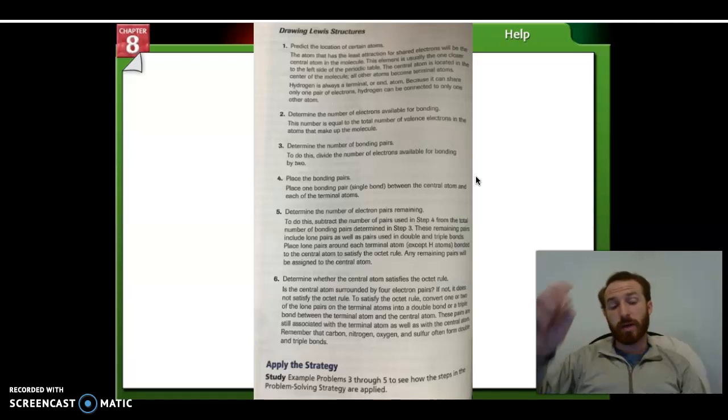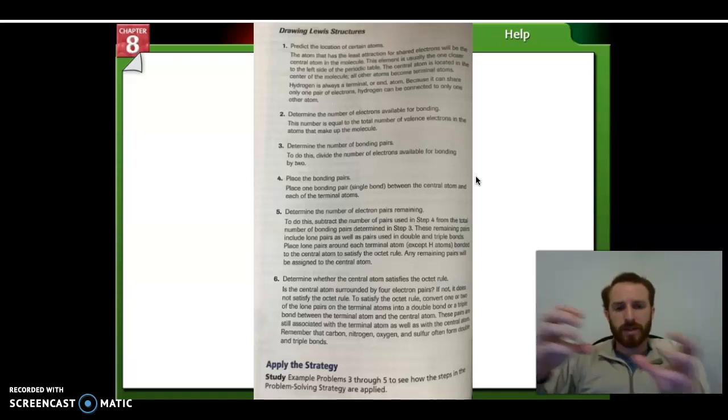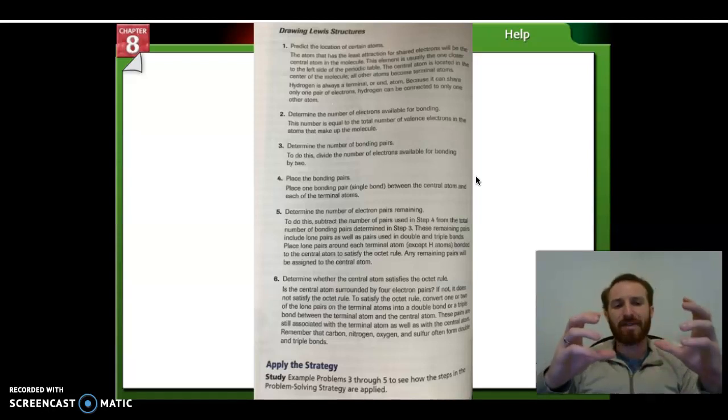Do I need a double bond between each of the terminal atoms and the central atom? Whatever makes it work overall, but this is key: you can't have more electrons than you should be starting with, because of your total number from all the terminal atoms and the central atom.